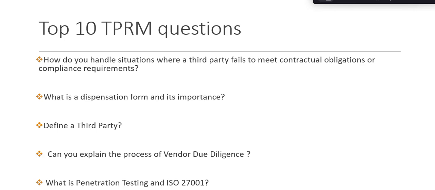Then we have, how do you handle situations where a third party fails to meet its obligations? What is a dispensation form and its importance? What is a third party? Can you explain the process of vendor due diligence? What is penetration testing and ISO 27001? These are a few questions that are regularly asked in interviews, so prepare well.